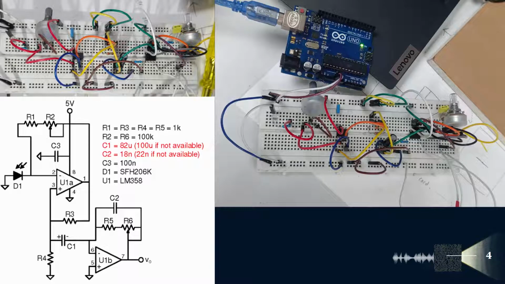For this one, we also use the resistor 1K: R1, R3, R4, and R5 are all the same, which is 1K. R2 and R6 are 100K, and C1 is 22 microfarad, and C2 is 18 nanofarad, but we are probably just going to use 22 nanofarad because we couldn't find the 18 nano.